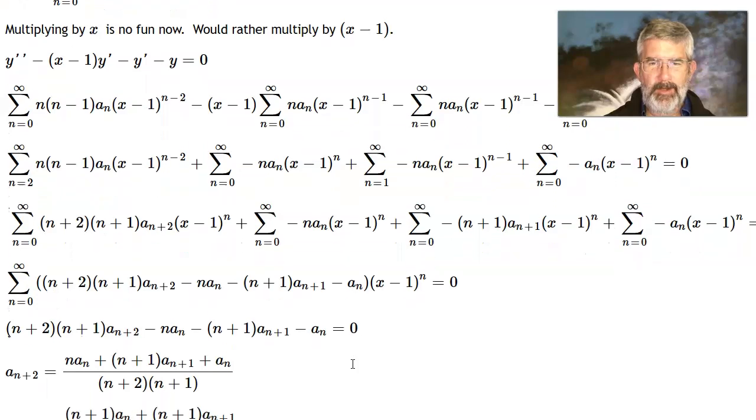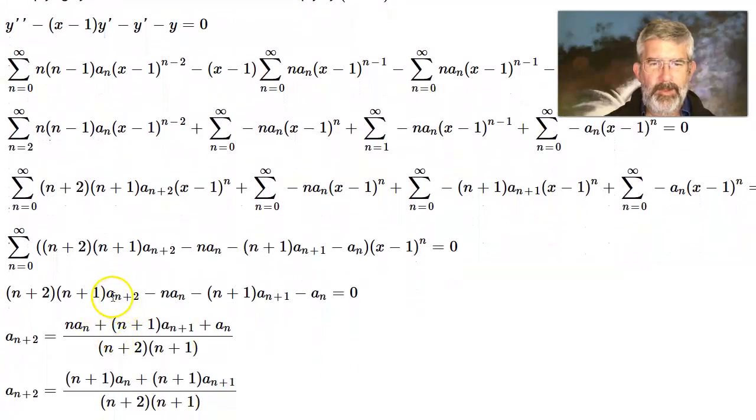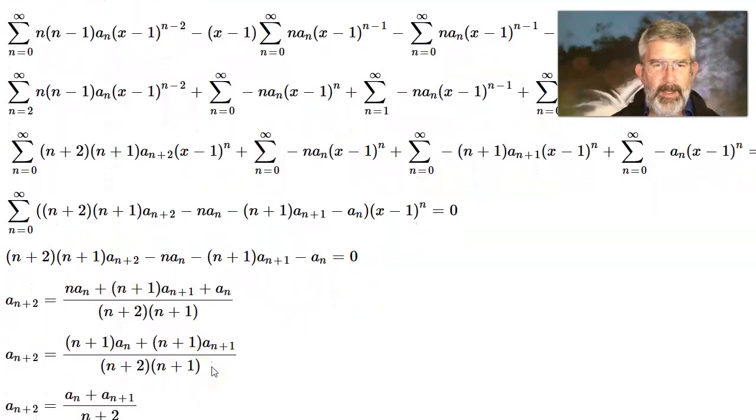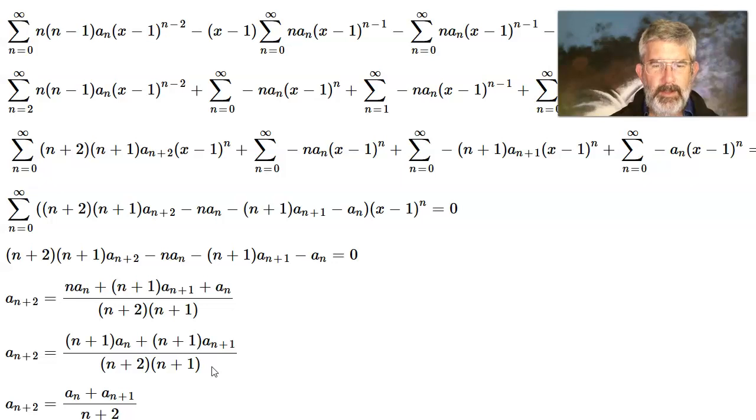And then what I want to do is solve for the a sub biggest thing. So I've got n plus 2, n, n plus 1, and n. So I'm going for the a sub n plus 2. So this stuff gets moved over to the other side and then divide by those things. And what happens here, actually let's make the font a little bigger again.